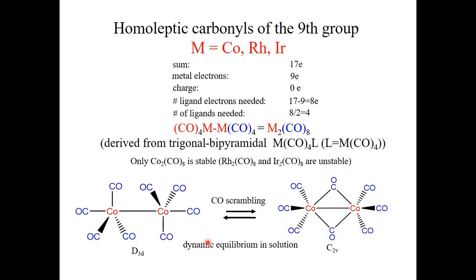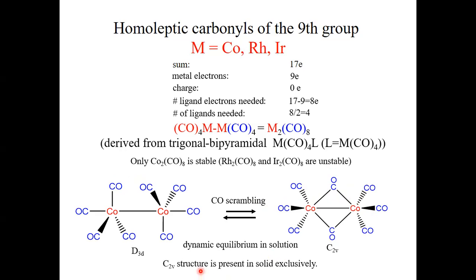So because of the dynamic equilibrium in solution, we have a constant scrambling of carbonyl ligands, because a carbonyl ligand can change from terminal to bridging, and then the other carbon-cobalt bond cleaves, and then this carbonyl ligand becomes a terminal ligand at the other cobalt. Of course, that process is reversible, so that all the carbonyl ligands can actually scramble back and forth.